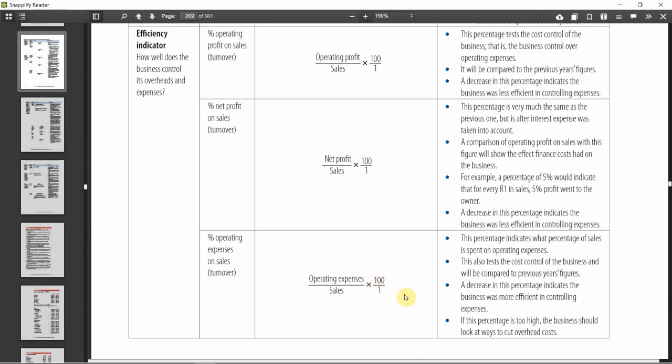So if this ratio is too high, the business will want to cut its overhead costs. So what you need to remember is the first two, an increase in the percentage is good. This one, an increase in the percentage is bad. So here we work with indirect relationships, whereas for the first two we work with direct relationships.